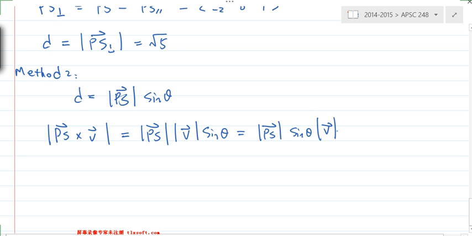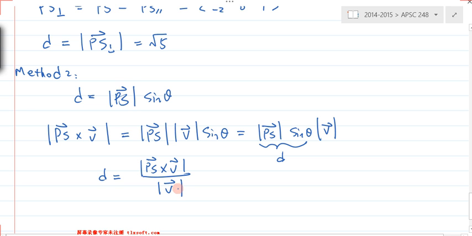Is that okay? And what is this? That's basically the D you're looking for. So in other words, D equals this.